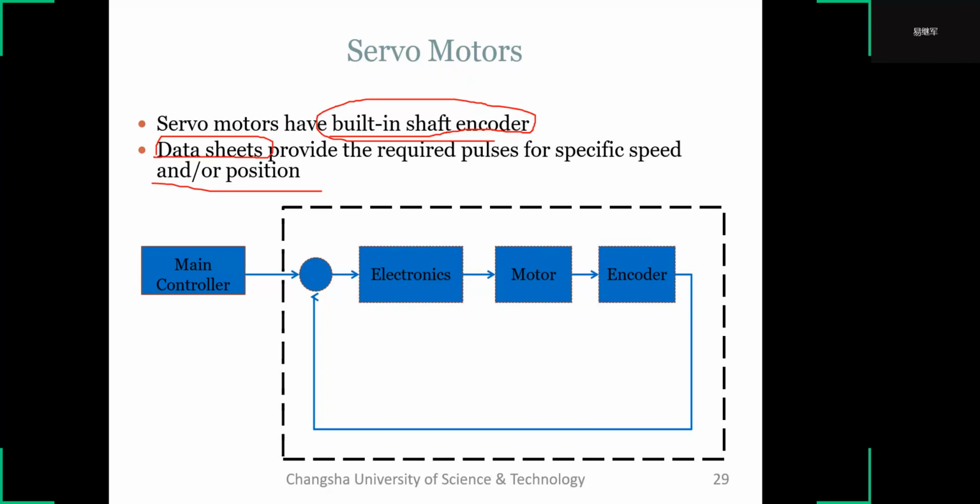This is the relation between the servo motor and the encoder. This is the main controller. This is the electronic motor with the encoder built into the shaft.